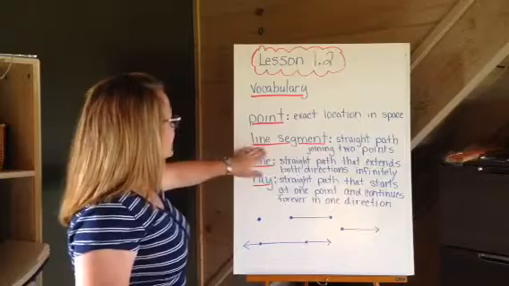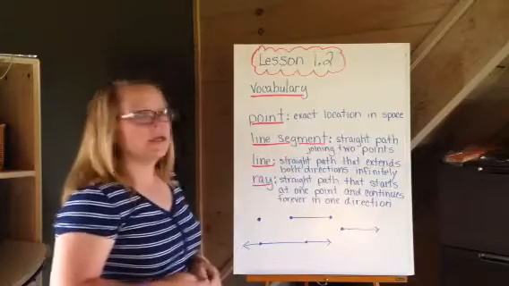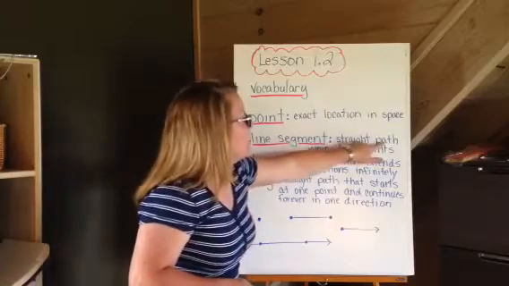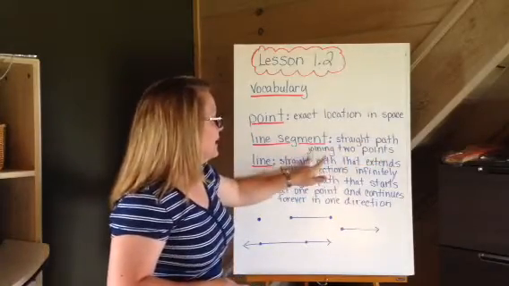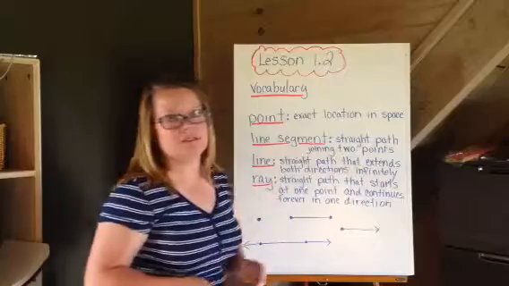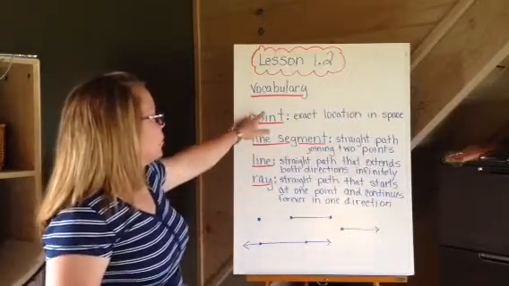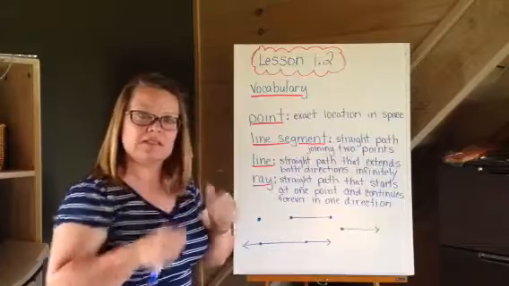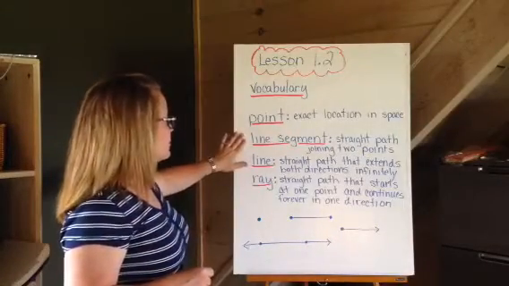Second one is line segment. We think about a line segment as a straight path joining two points. Okay? So we talked about point before, so if we have 2 points together and something connecting those, that's going to be my line segment.